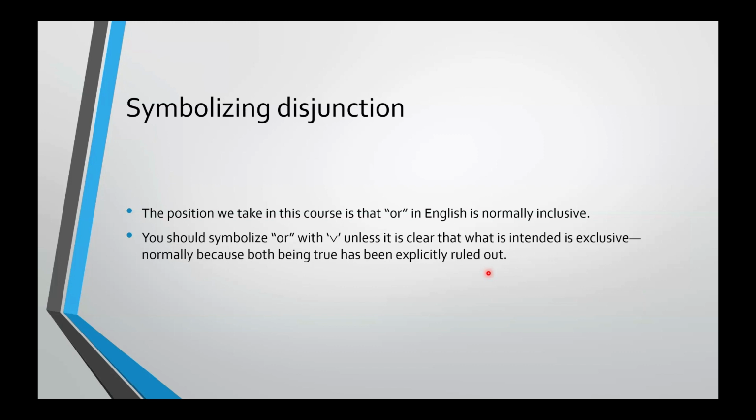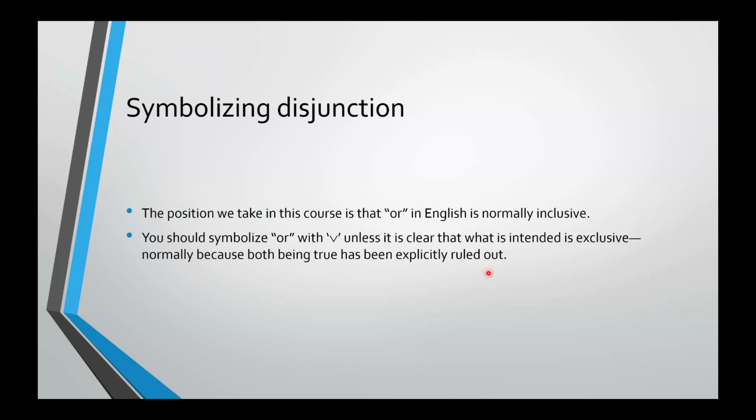So, on this account, the way that you understand, you can have coffee or tea with your meal, is that that's actually an inclusive disjunction. It doesn't look like it, but competent English speakers will have background information about the way that restaurants work.